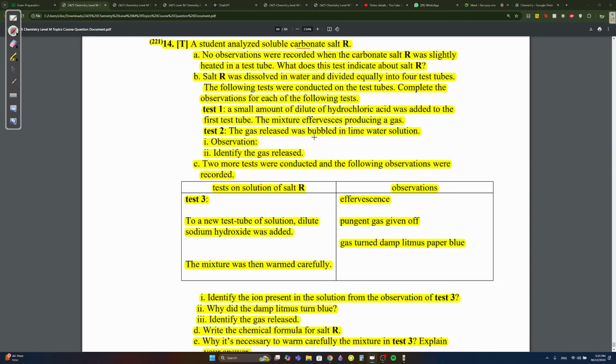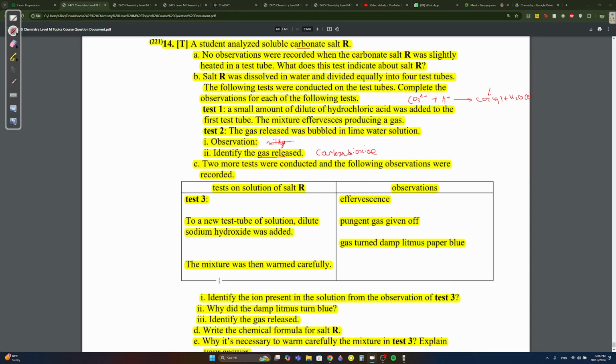The gas released from hydrochloric acid plus carbonate, remember you have CO3 2 minus plus the acid H plus, gets you carbon dioxide gas and water, right? What happens if you put carbon dioxide gas into lime water? Lime water turns milky white. What's the gas released? Carbon dioxide.